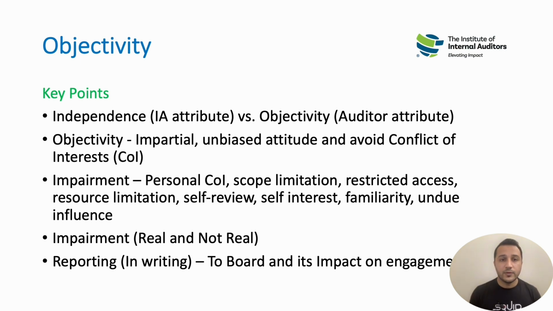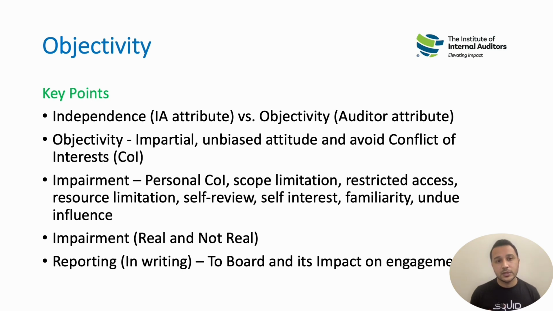If it is significant, and it will not let you achieve your engagement objective, then you refuse to give an opinion, and you mention the scope limitation to the audit committee for them to take further action.